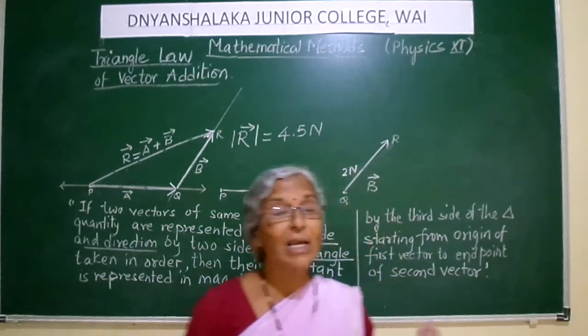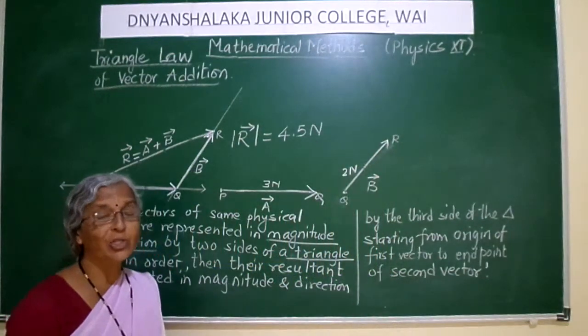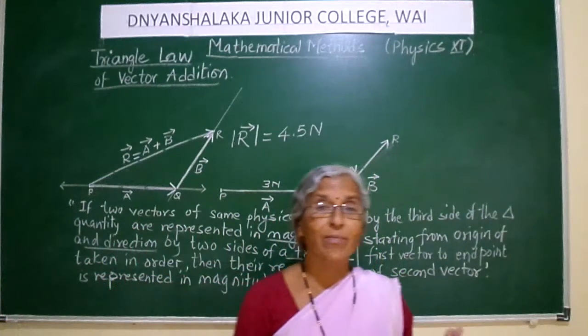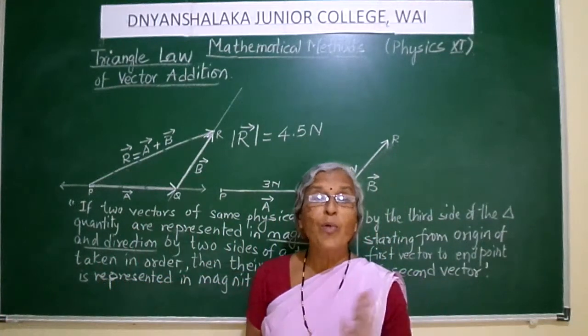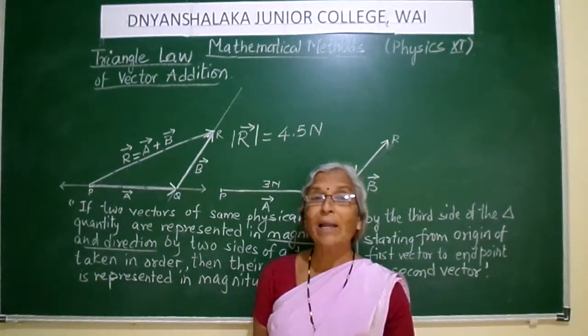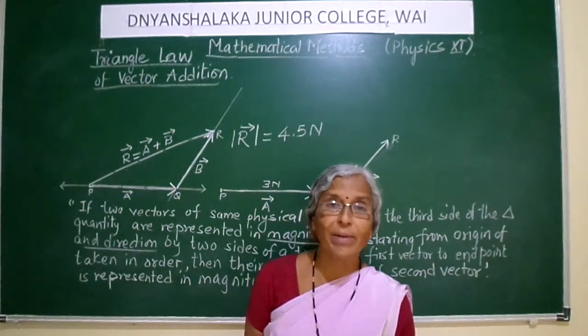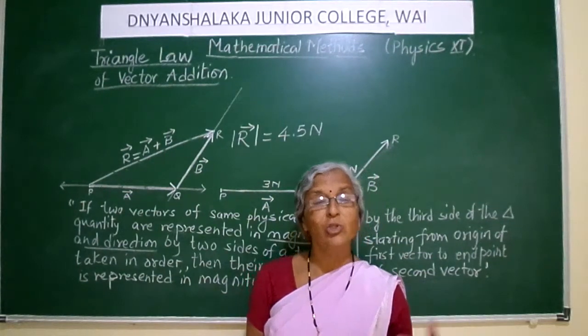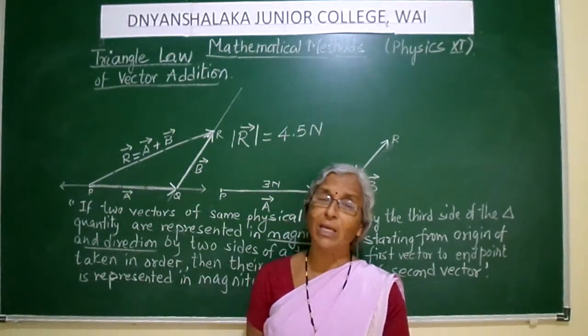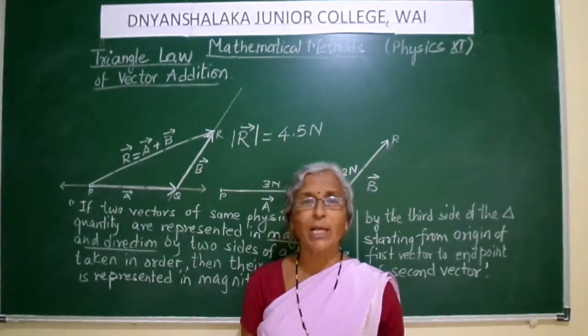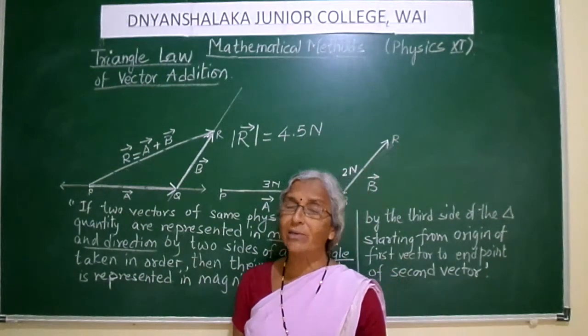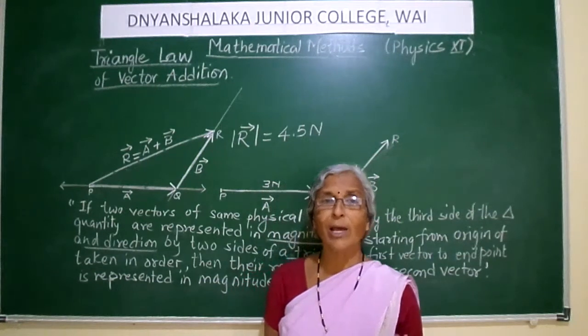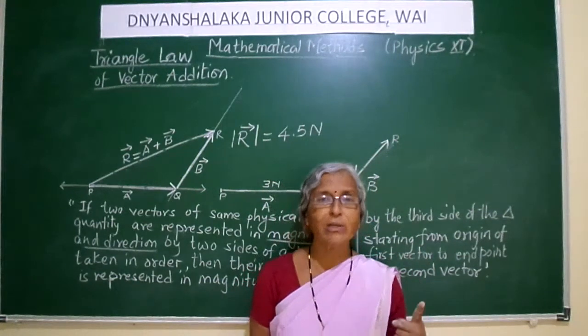So what is the triangle law of vector addition? When we are given two vectors which are neither parallel nor anti-parallel, meaning two vectors are given whose directions are neither the same nor opposite, then to find the result of such vectors, what are we going to do? We are going to make use of the triangle law.